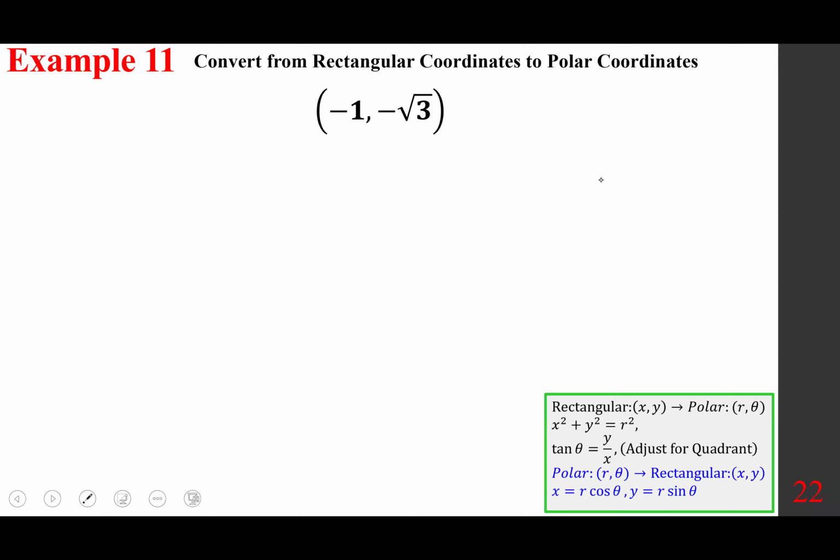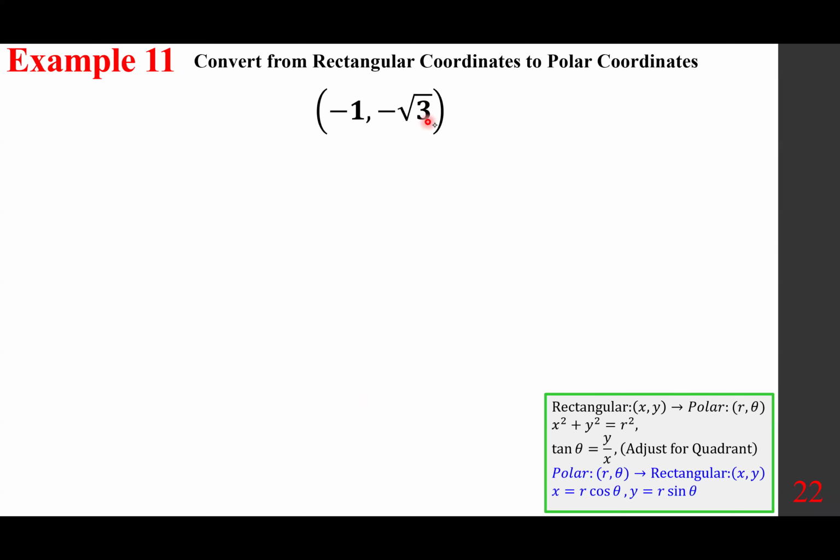Now we want to convert from rectangular to polar coordinates where the pair is given as -1 comma negative square root of 3. So in a rectangular coordinate system, we go 1 to the left and square root of 3 down.